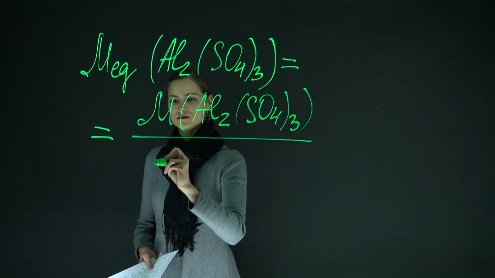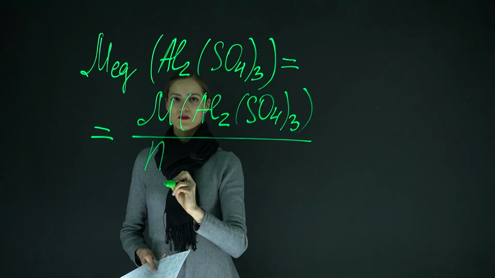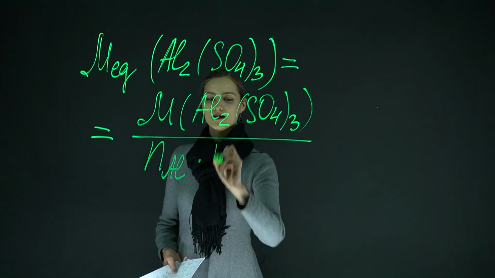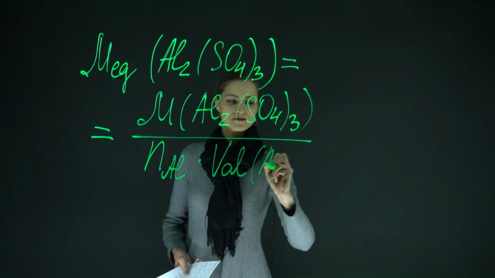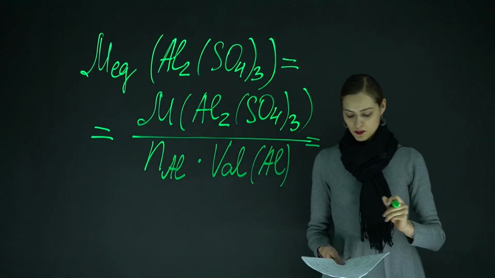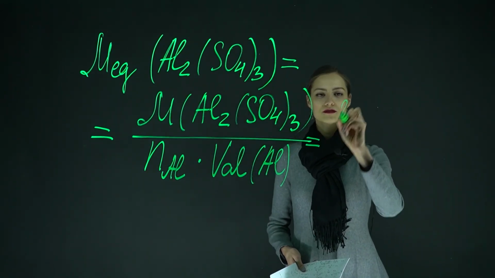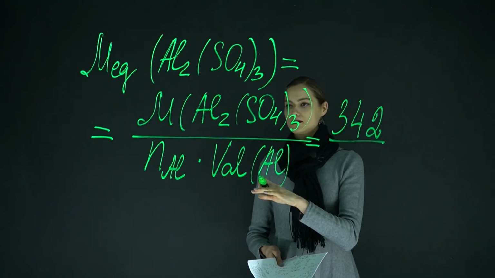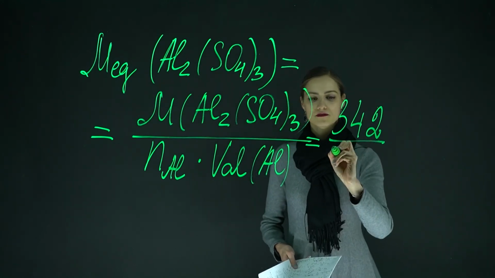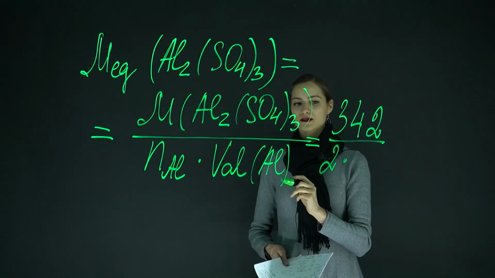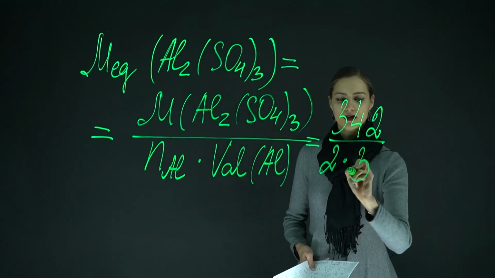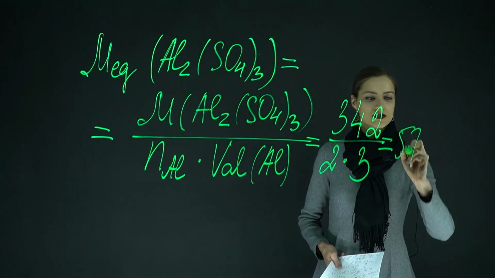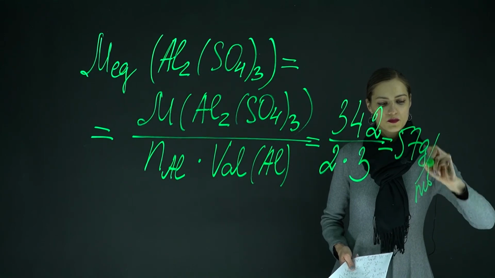We divide the molar mass of the salt by the number of atoms of the metal which forms this salt, in our situation aluminium, and the valency of this metal. So the molar mass for this salt is 342, and we see that we have 2 atoms of aluminium in our salt, and the valency of aluminium here equals 3. So equivalent mass for the salt is 57 grams per 1 mole equivalent.